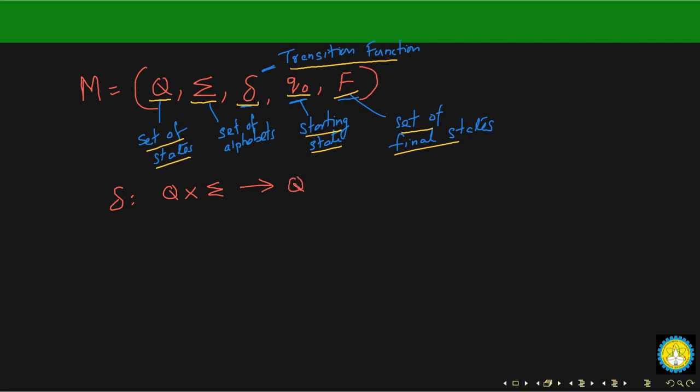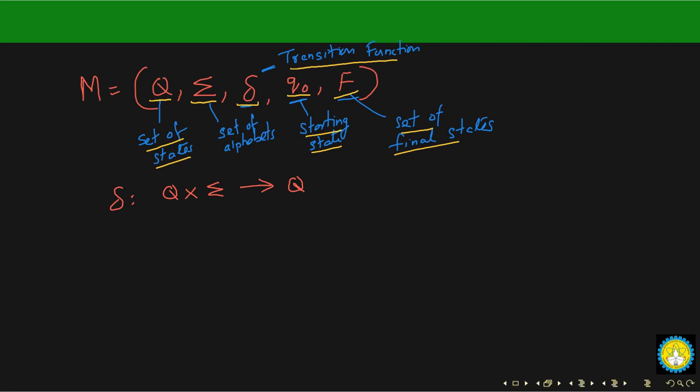So what we are trying to say here is that it is a mapping from the Cartesian product of Q and sigma to Q itself, where Q is the set of states, sigma is the set of alphabets.